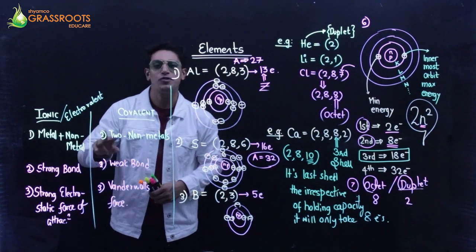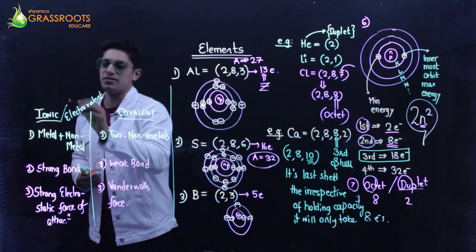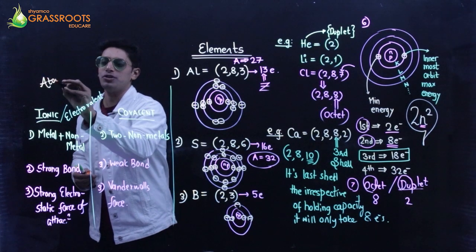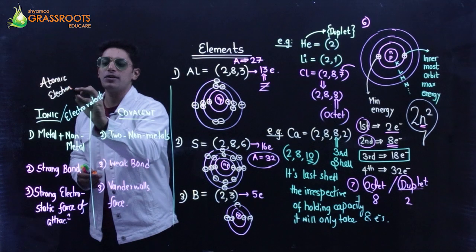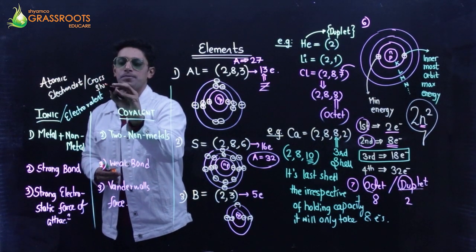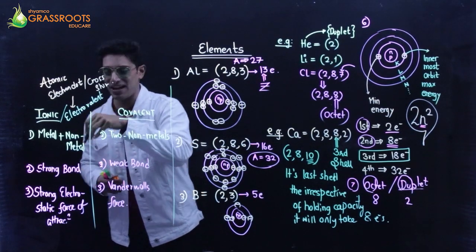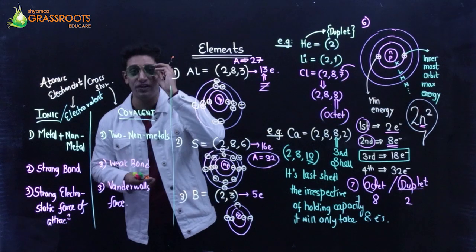So this was the differentiation, and we are going to draw two things. We'll draw the atomic structure, and we are going to draw an electron dot or cross structure for compounds having ionic bonding and compounds having covalent bonding.